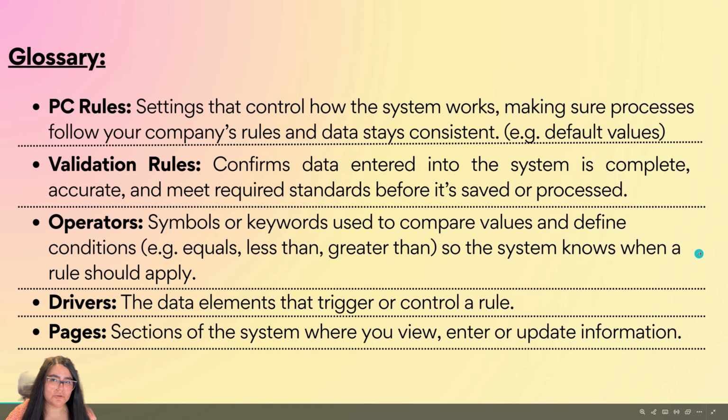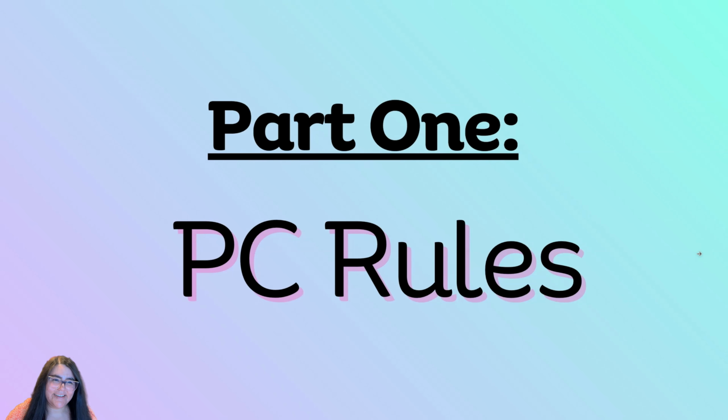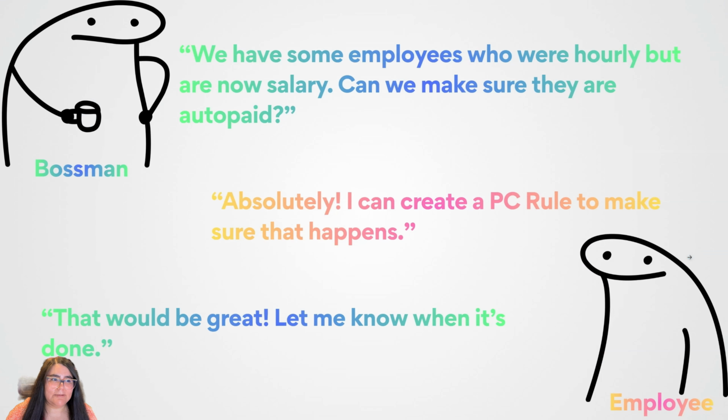So don't you worry. All right, part one of this presentation, we'll be going into platform configuration rules. And the most common PC rule comes from a scenario like this. Boss man comes to you, or boss woman, says, we have some employees who are hourly and are now salary, maybe because they went on a leave or because they had a job change.